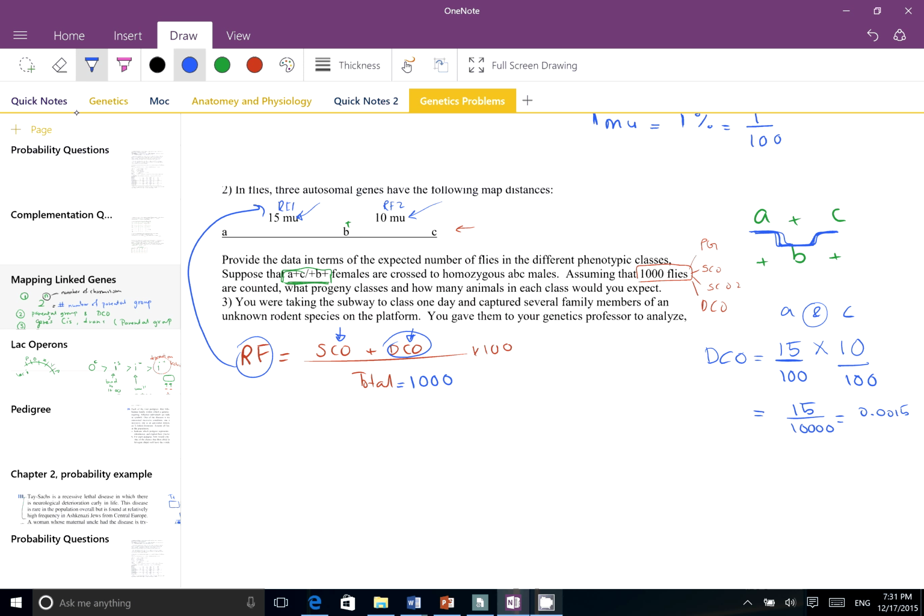That's the probability for the double crossover. If you want the number for double crossover, you take this and multiply it by 1,000. So 0.0015 multiplied by 1,000 will give you... I did do something wrong. Let me try and do this again.